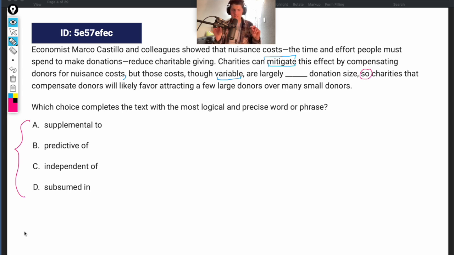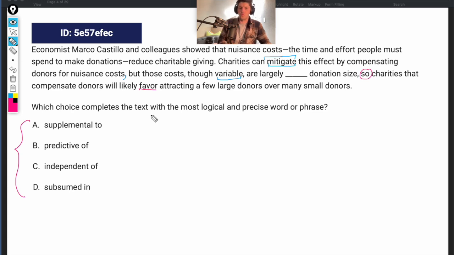Okay, this is an extraordinarily challenging question. But that last phrase says that the charities, when they compensate donors, will favor attracting a few large donors. So if they do this, they're going to favor attracting large donors over small donors.